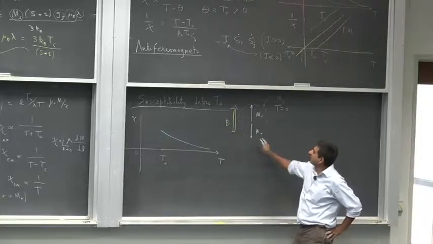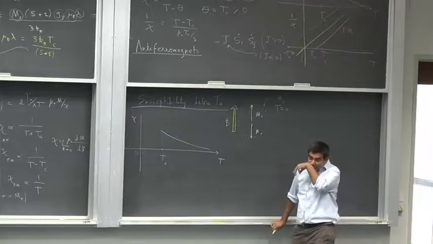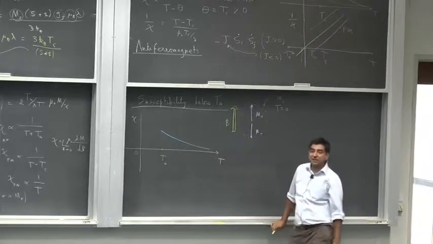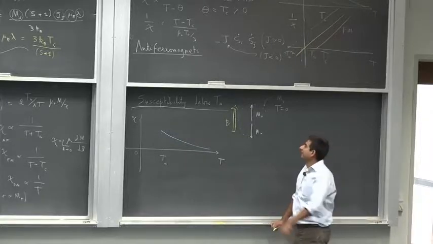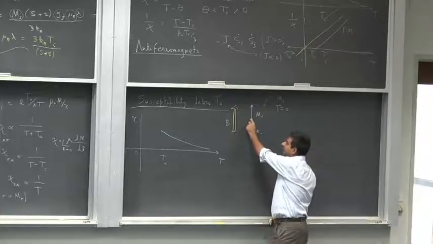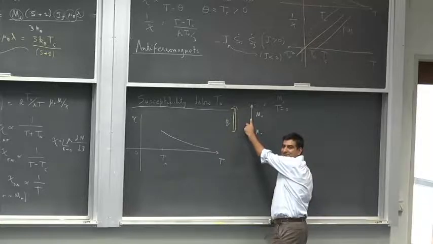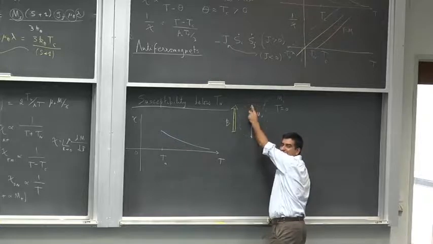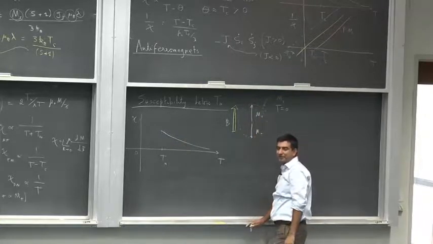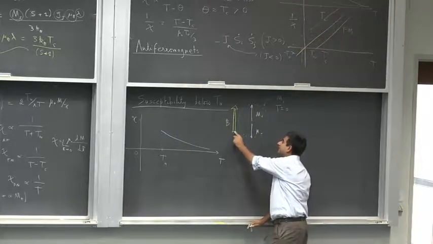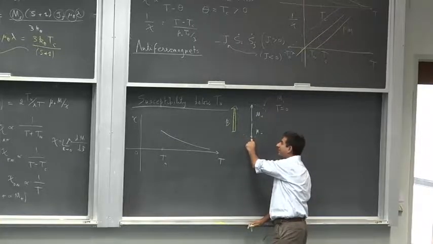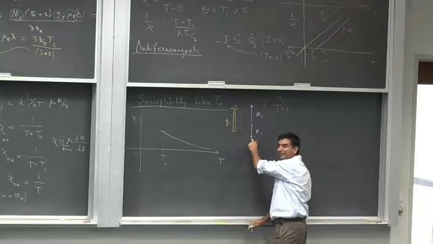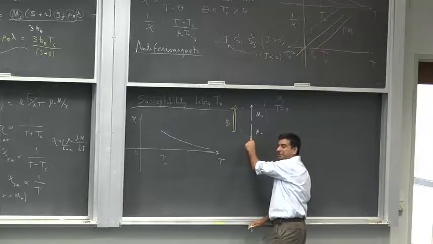Now if you look at this possibility, will the magnetization change as a result? Now this field is aiding this magnetization, but its magnetization cannot go beyond the saturation level because all the spins are perfectly aligned anyway. At 0 Kelvin, this has to remain at the saturation level, so its magnetization cannot change.